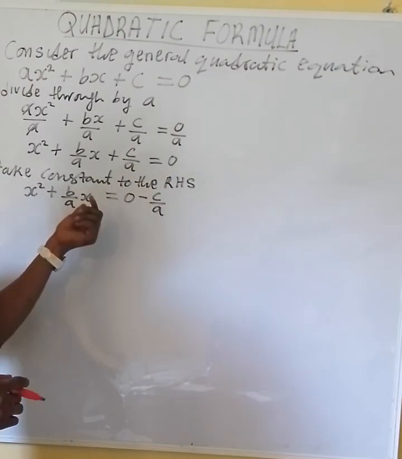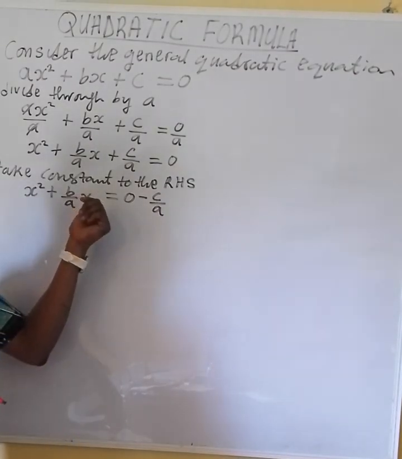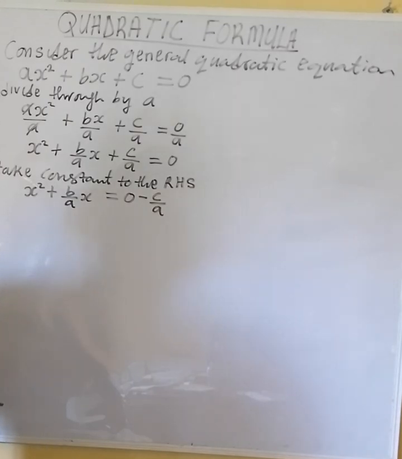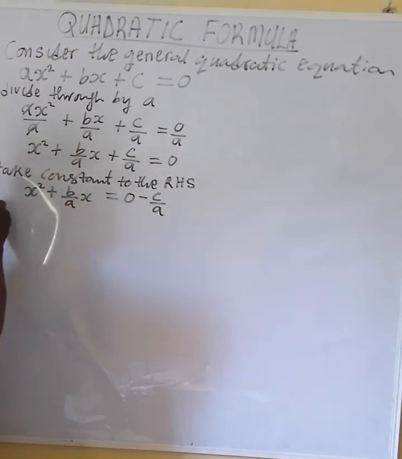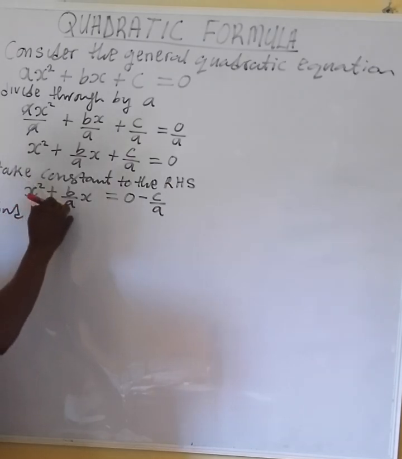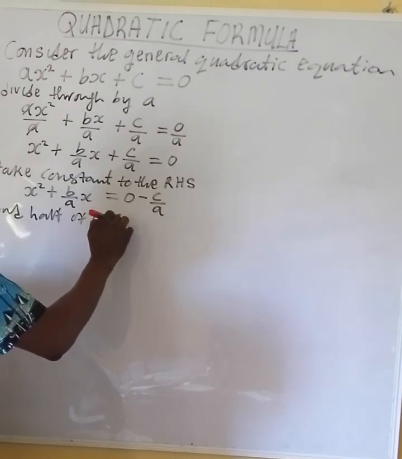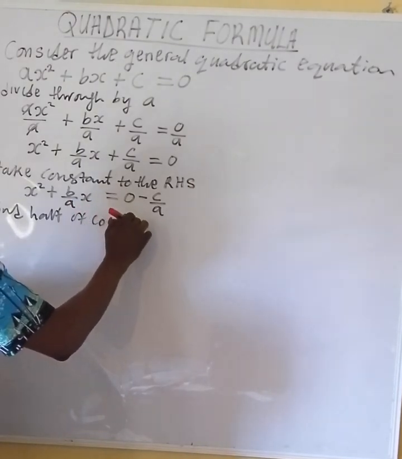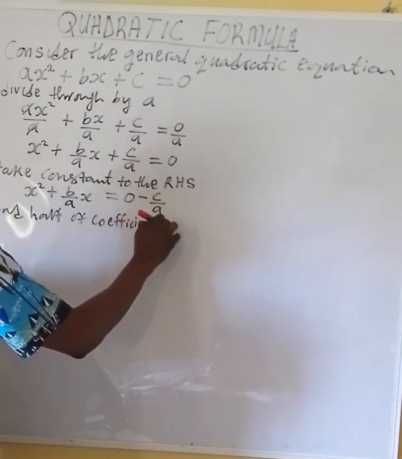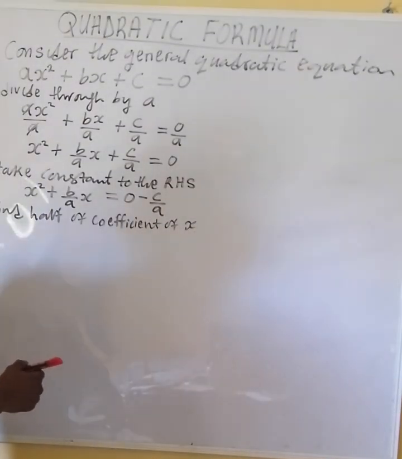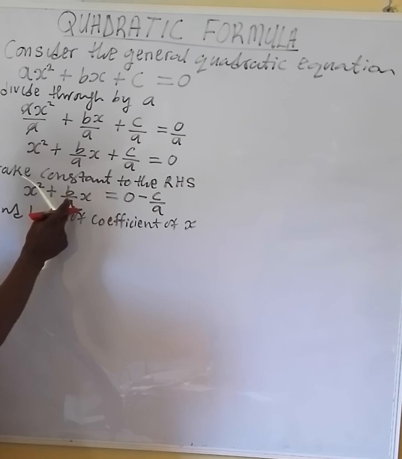So having done that, the next thing we are going to do is work with the coefficient of x. The first thing we are going to do there is find half of the coefficient of x. The coefficient of x is b over a.